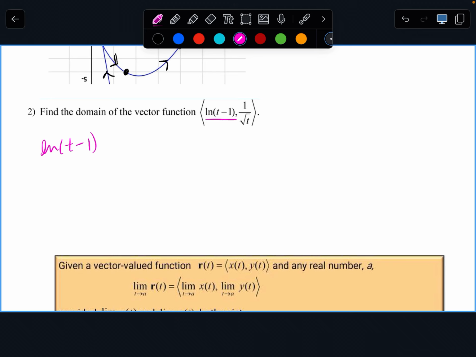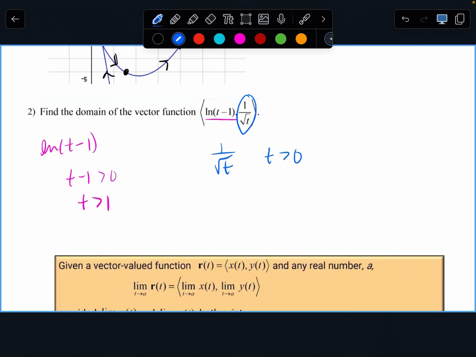For this one, t has to be bigger than 1 because you can't take the natural log of 0. So t minus 1 has to be bigger than 0, so t has to be bigger than 1, for natural log. That's old school stuff. And then for this one, you can't divide by 0, so t has to be greater than 0.